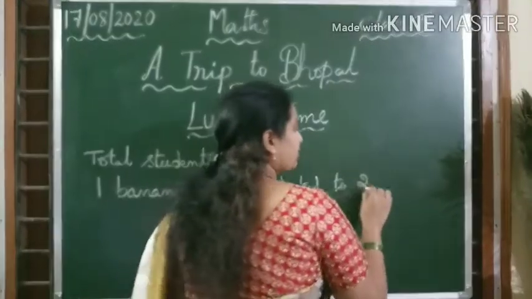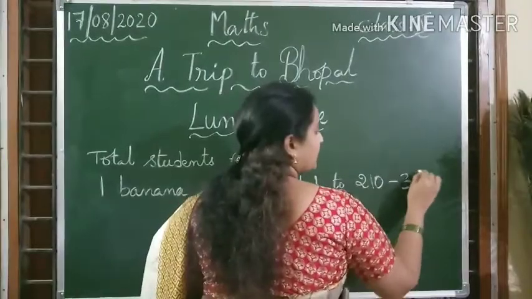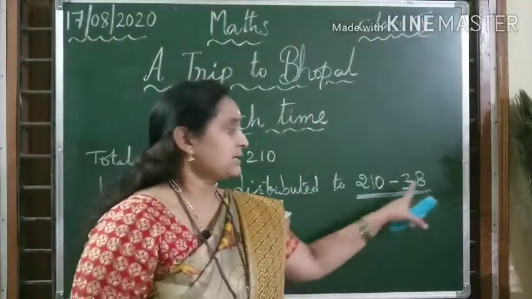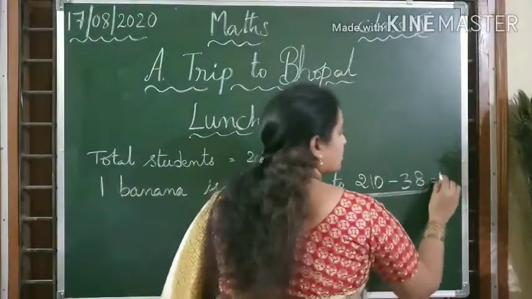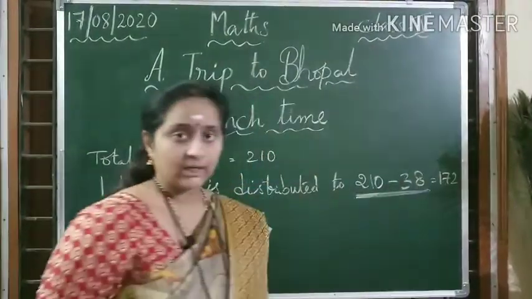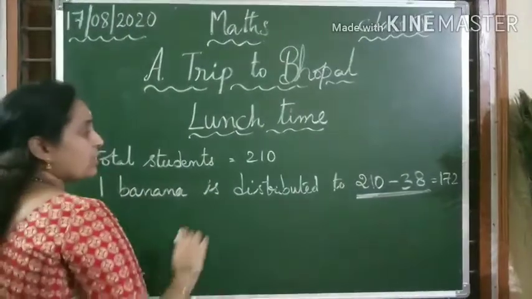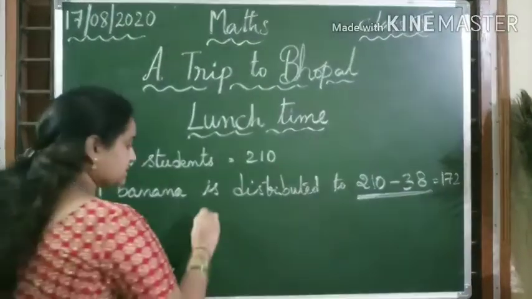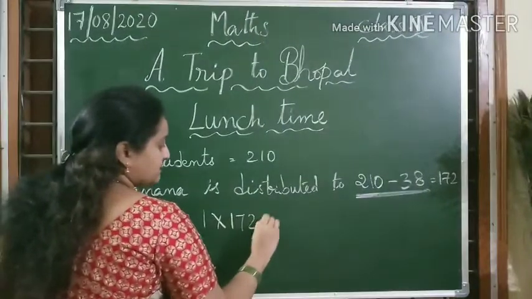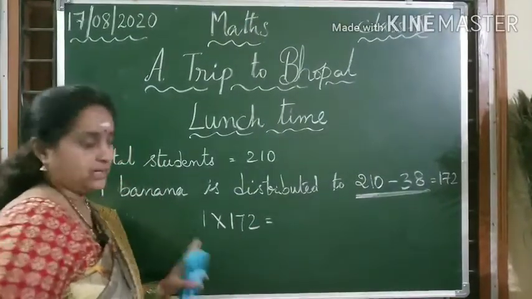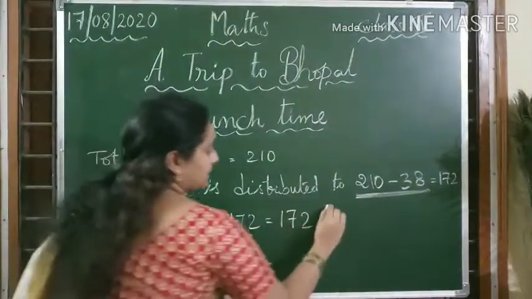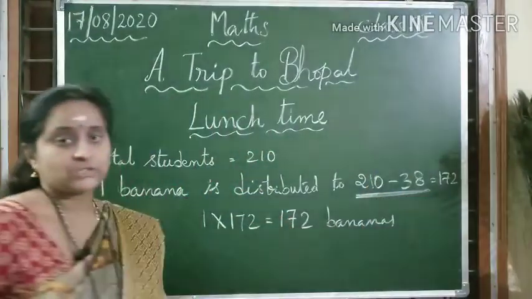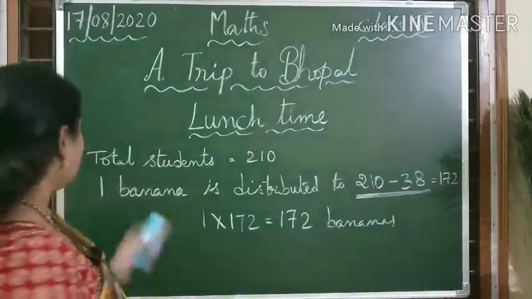So, we need to find out how many children have taken the bananas. So, 210 minus 38, which is nothing but 172. So, the number of bananas distributed to 172 children is 1 into 172. Each gets one banana. 172 bananas were distributed to the children.